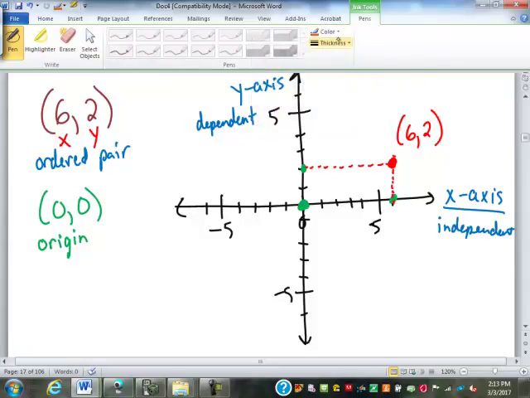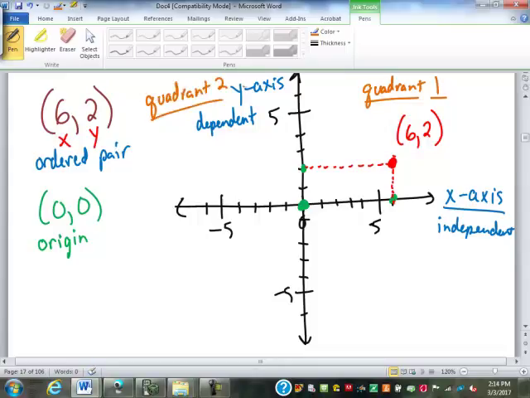These four sections of the graph are called quadrants. This is quadrant 1 up here because both x and y are positive. And that's usually the first quadrant that we use. Generally, we're dealing with positive numbers. That's the first one that gets used. This one then is called quadrant 2.